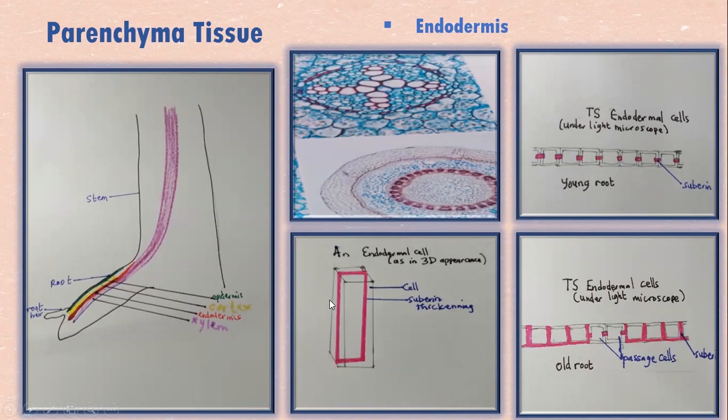This is the suberin around the endodermal cell. Water and gases and other substances found in water, when the water is moving across the cell into the xylem, cannot move through the cell wall.